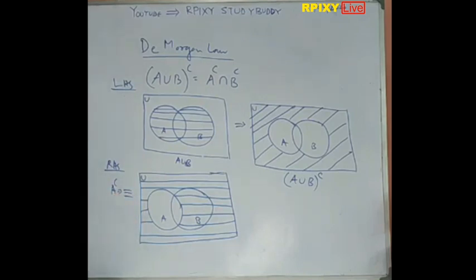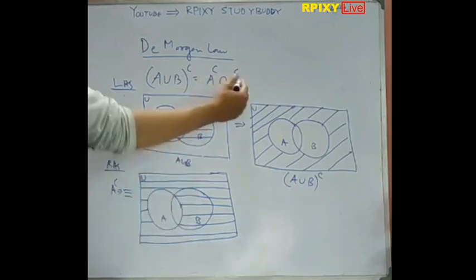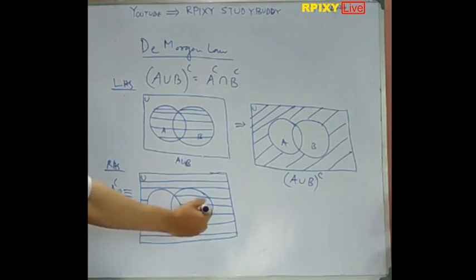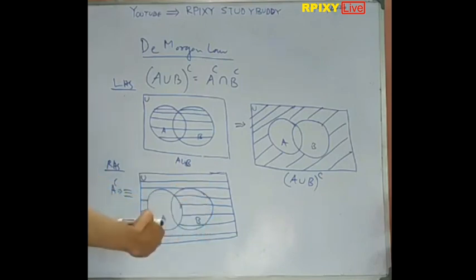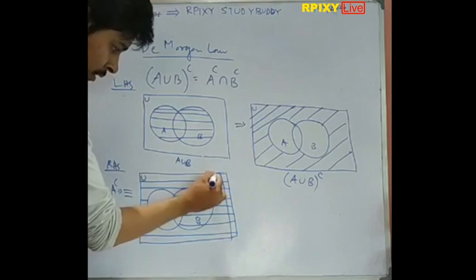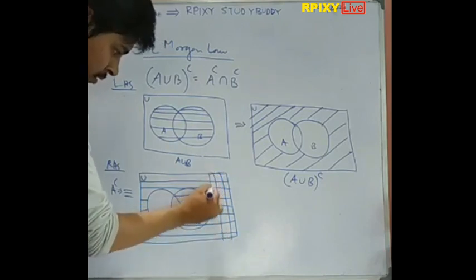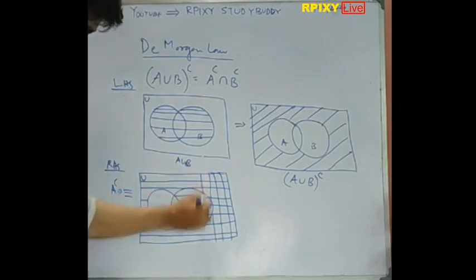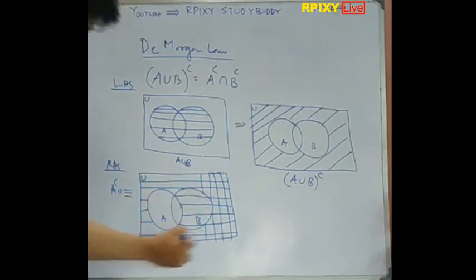Now next one is B complement, and in this case I am taking vertical lines for B complement. So B is that set. You have to draw lines except in the B set, that is B complement. So if I draw the vertical lines, don't draw the lines inside B. B complement means the lines outside of B only.